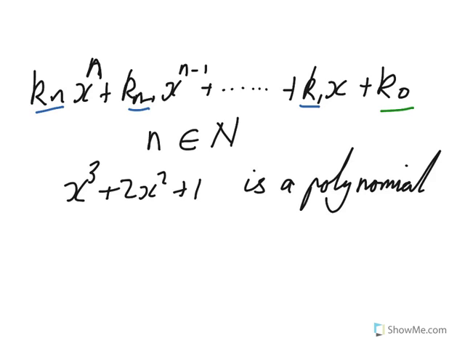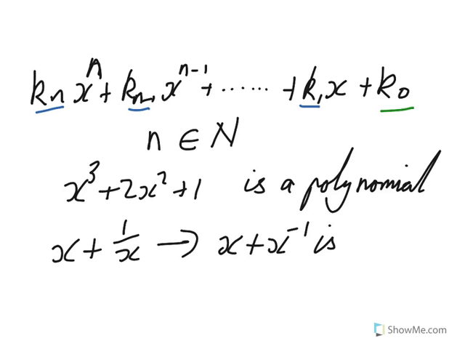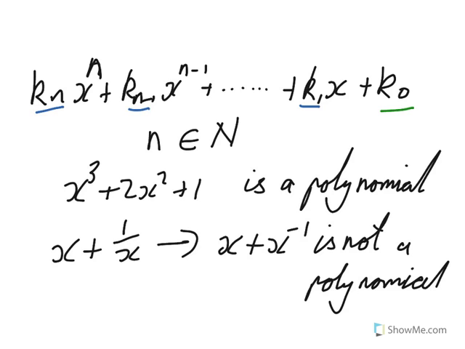Something like this, which we could rewrite as x plus x to the minus 1, is not a polynomial, and it's not a polynomial because of that negative power there.